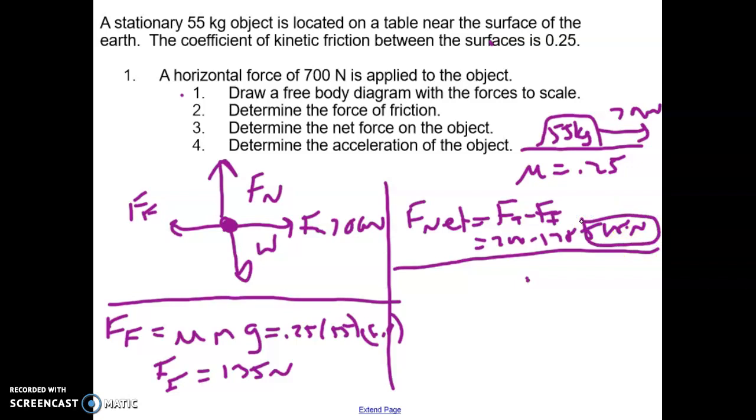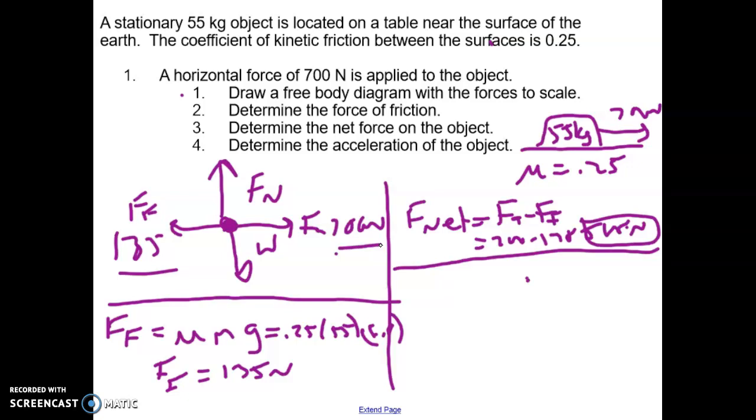So that's the net force, because I have friction pulling back this way at 135, but the applied force pulling forward at 700. There's going to be a net force there. The applied force is going to win by the difference, which in this case is 565.